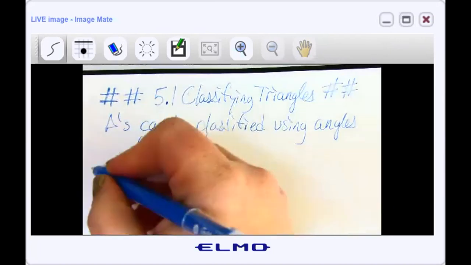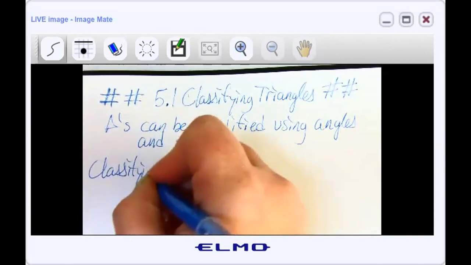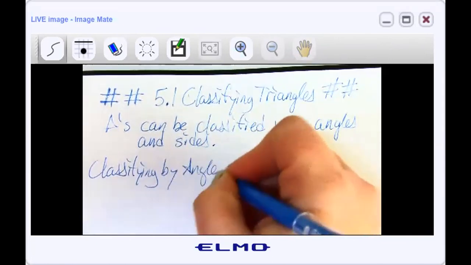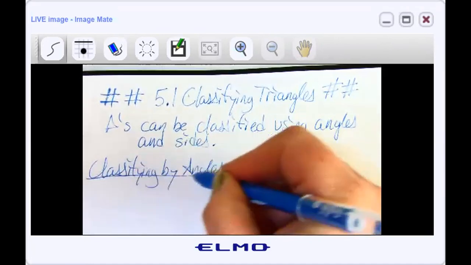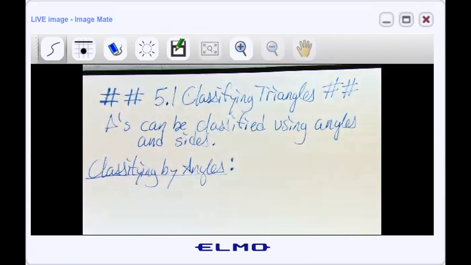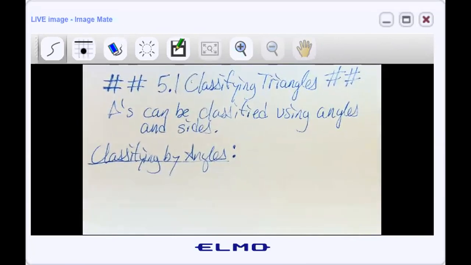Okay, so classifying by angles. There are 3 different words that you can use to classify a triangle by angles, and each triangle is going to fit into one of these.